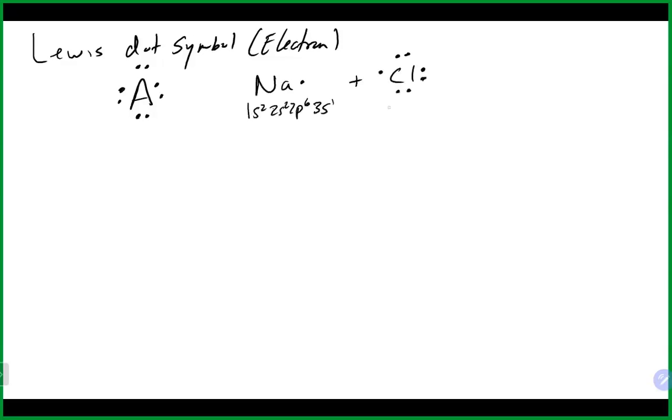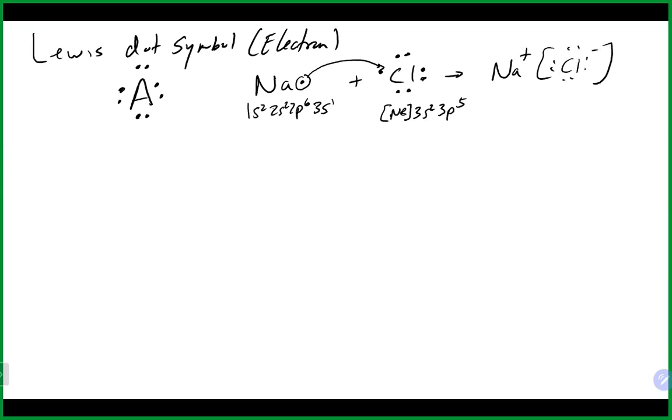Chlorine is 17, so that's going to be neon, 3s2, 3p5. In this case, this electron is going to transfer over to our chlorine. The result is our sodium will gain a positive charge, and our chlorine will accept that electron and gain a negative charge.